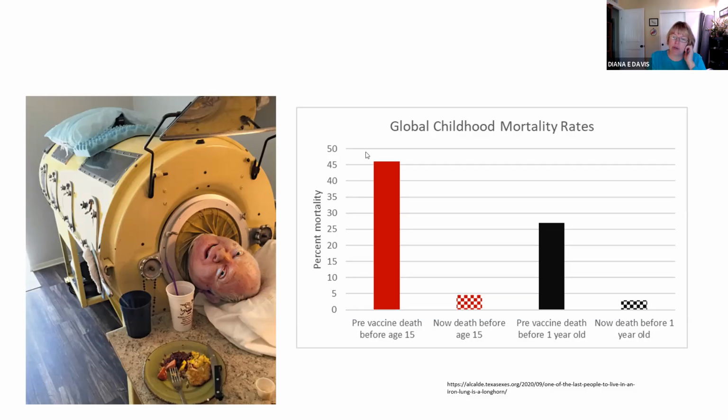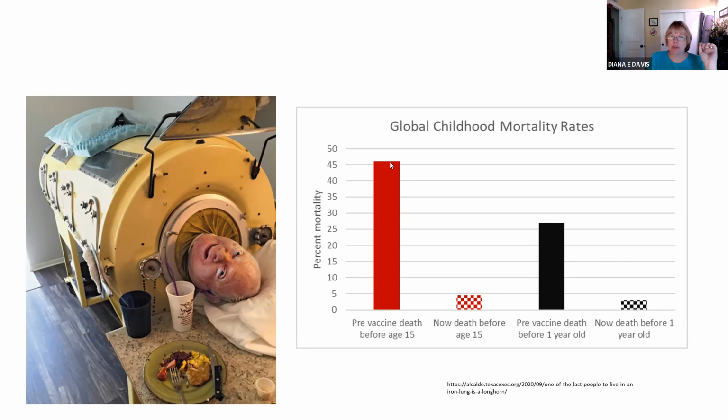And then if we look over here, we can look at the really bad one, death. This is the global childhood mortality rate. The left-hand bar here is the pre-vaccine death rate due to infectious diseases for people before the age of 15.